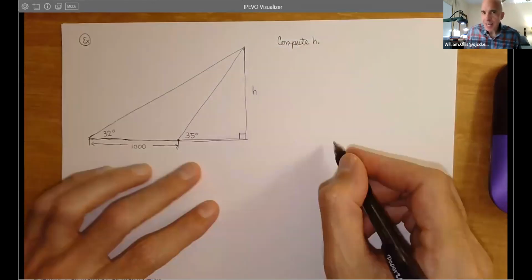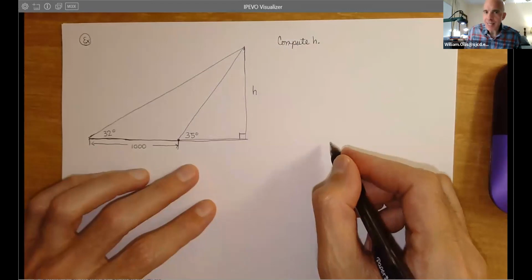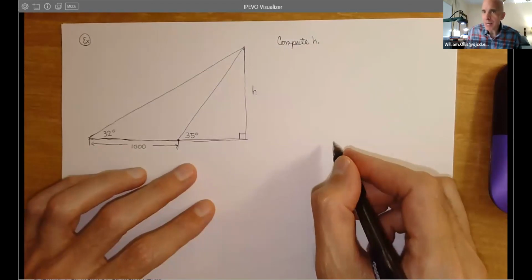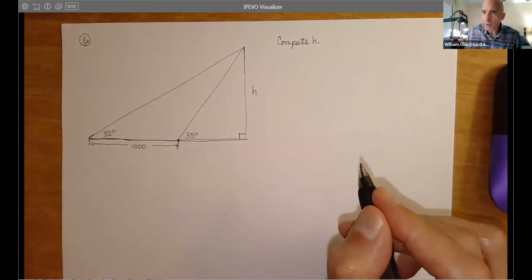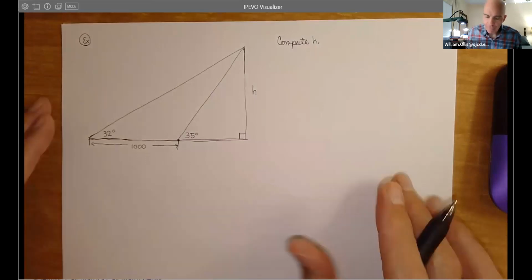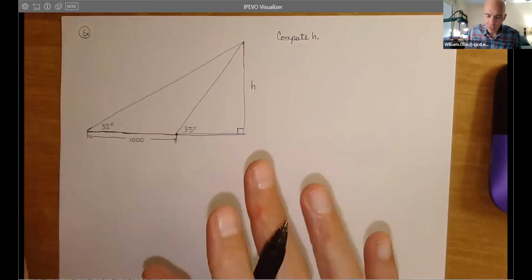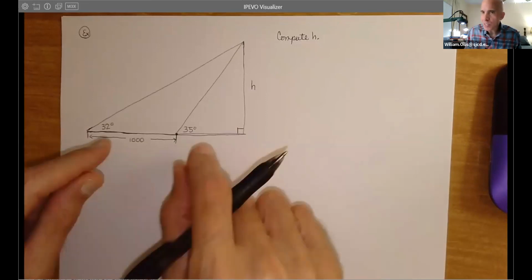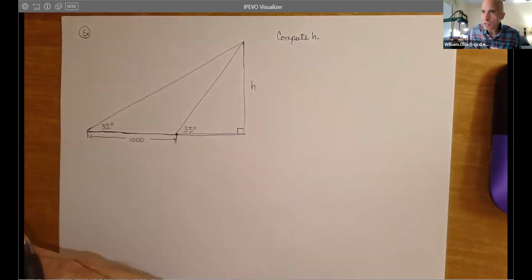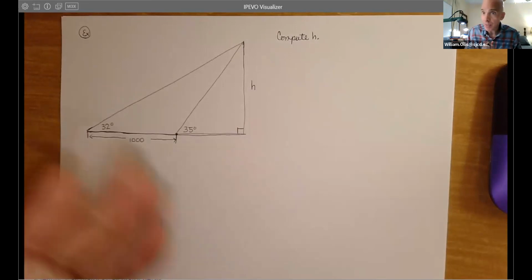Now, this is like the last problem. We want to get an exact answer, and if we need an approximation to the nearest foot or whatever, we can easily do that. But what we see here is that we got kind of close to 30, 60, 90, but no cigar, and we don't want to estimate. WebAssign is going to require us to be more accurate than that.